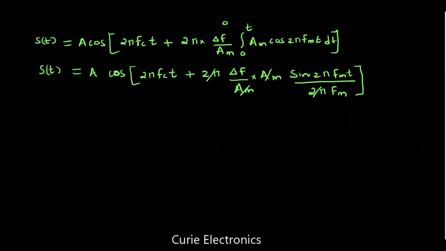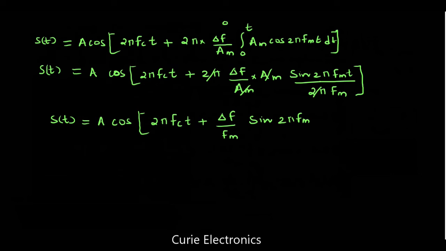So we can write the final equation as s of t equals A cos 2 pi f_c t plus delta f upon f_m, the frequency of the message signal, multiplied by sine 2 pi f_m t.